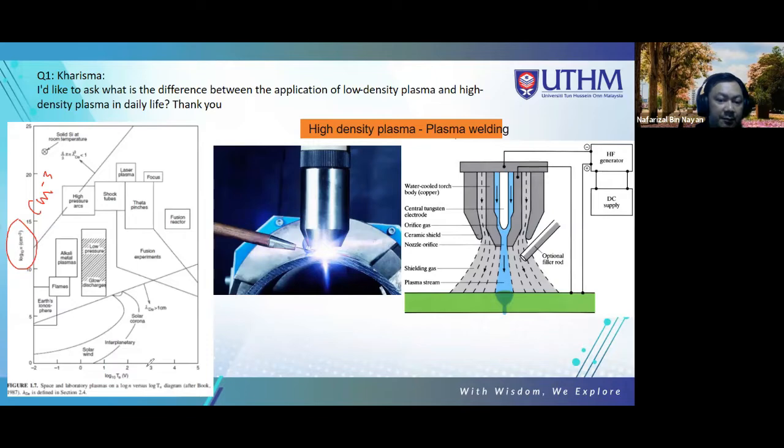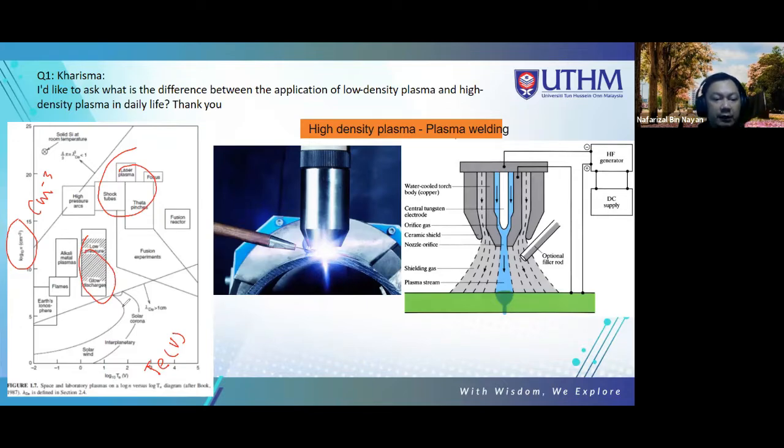And here is the electron temperature of the plasma, which we normally measure in volts. So this region shows the high density plasma, whereas this is the low density type of plasma.